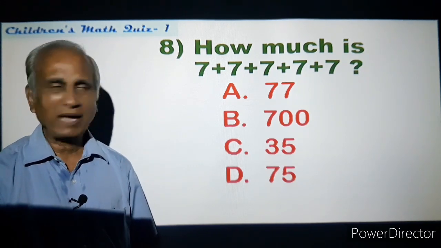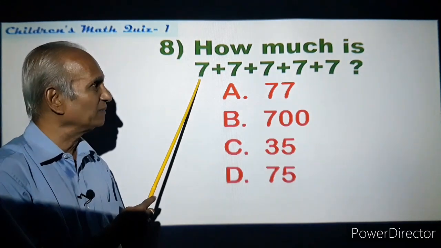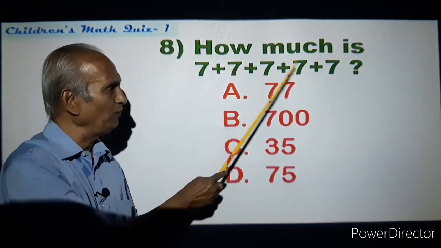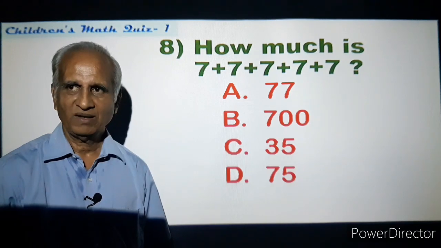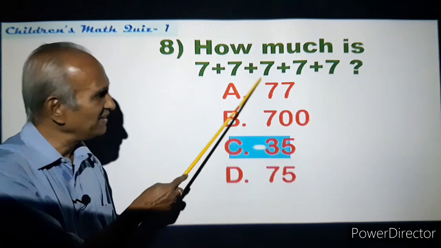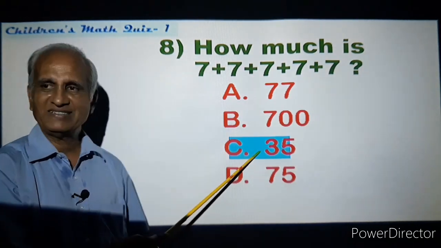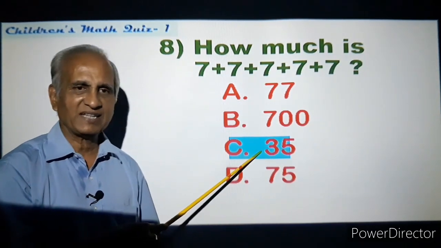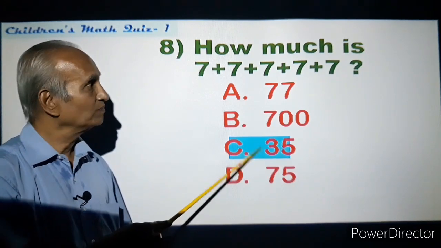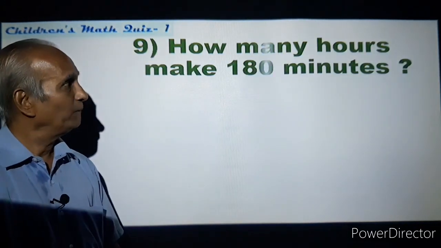It will take lot of time. Count number of 7s here. 1, 2, 3, 4, 5. 7 5s are 35. Where is it? It's here. C is the option. C is the correct option. Answer is 35.